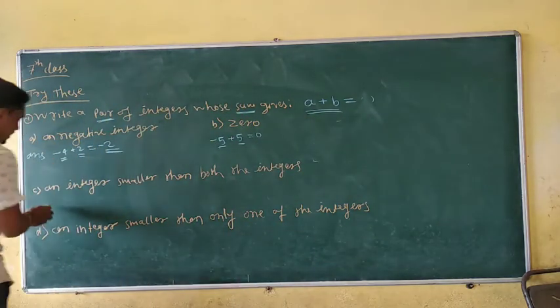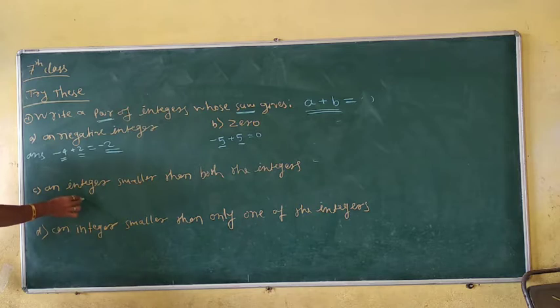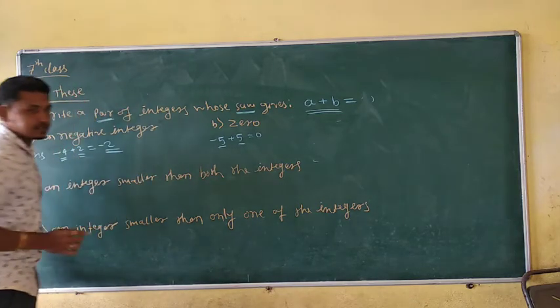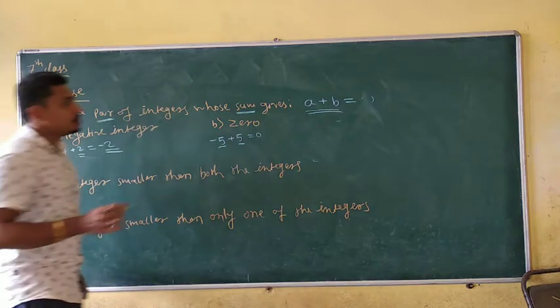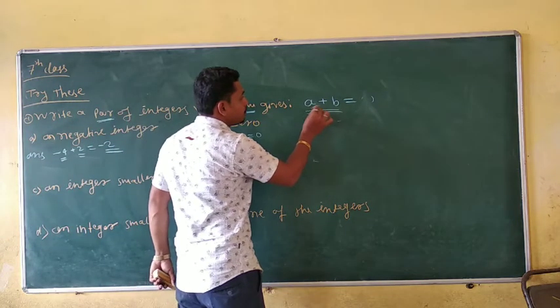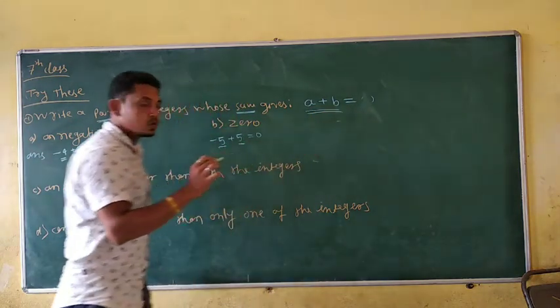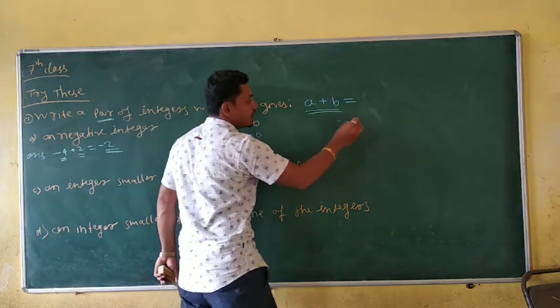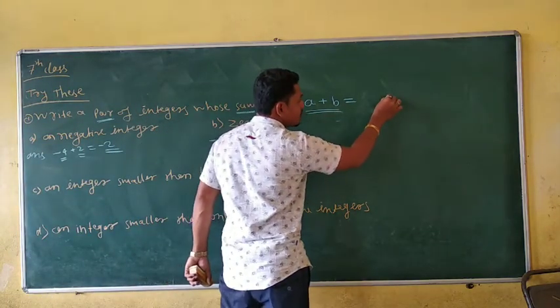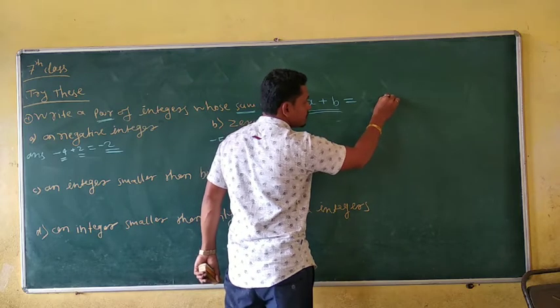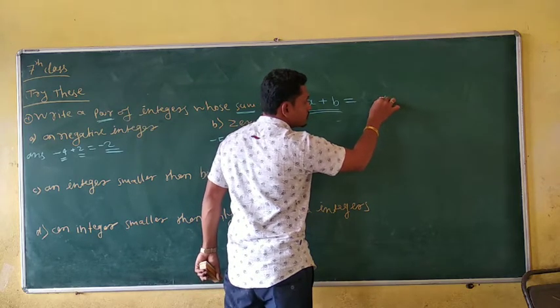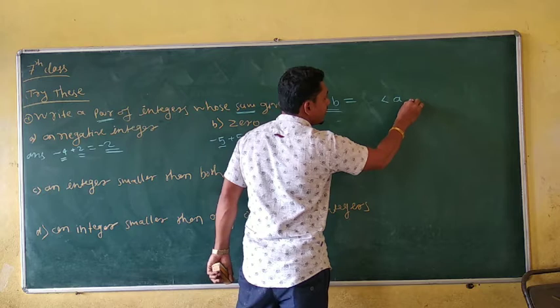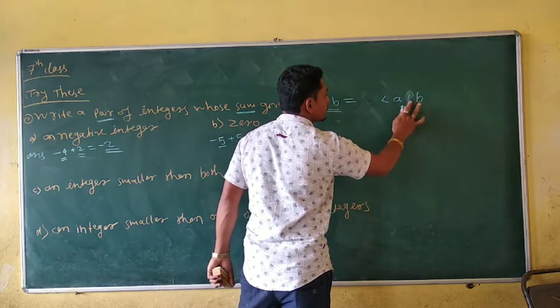So next, the third statement: an integer smaller than both the integers. Here a plus b is equal to something, and your answer is smaller than a and b.